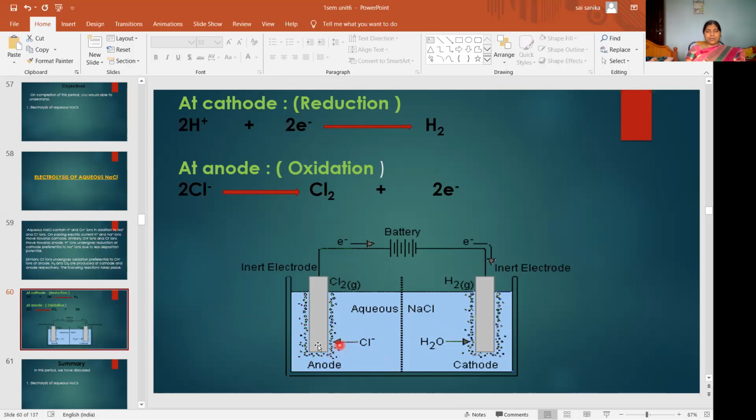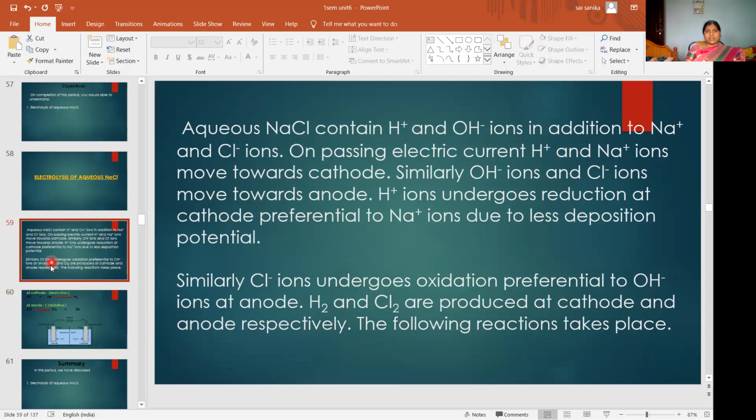Always at the anode oxidation takes place, and always at the cathode reduction takes place. So what happens when you do electrolysis of aqueous NaCl? Aqueous NaCl contains H+ and OH- ions in addition to Na+ and Cl- ions.